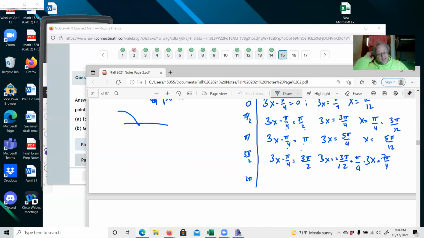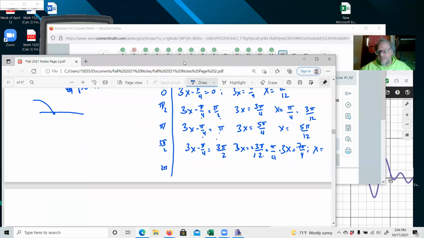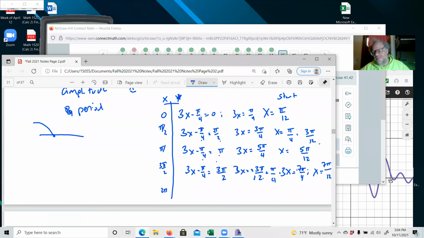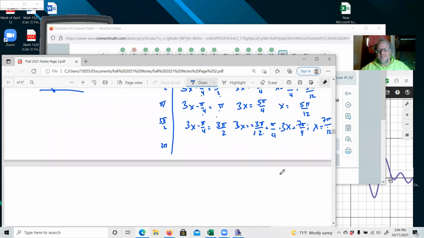So if we have 6/4, right, that's $1.50, plus 1/4, and we get 7/4. Okay, and then solving for x, we get x equals 7 pi over 12. And again, I'll bet you knew that. I'll bet you knew 1, 3, 5, 7. Guess the next one, right?